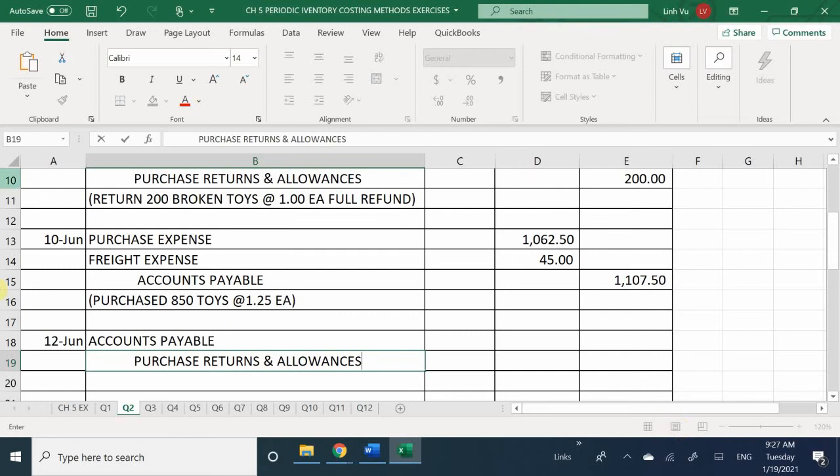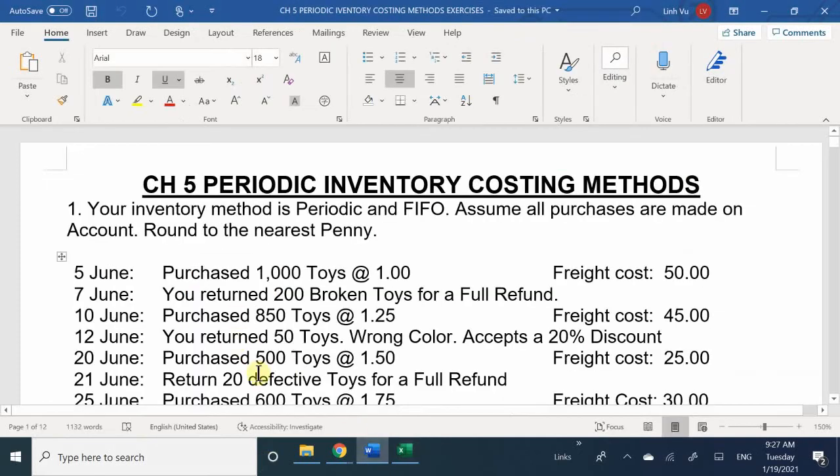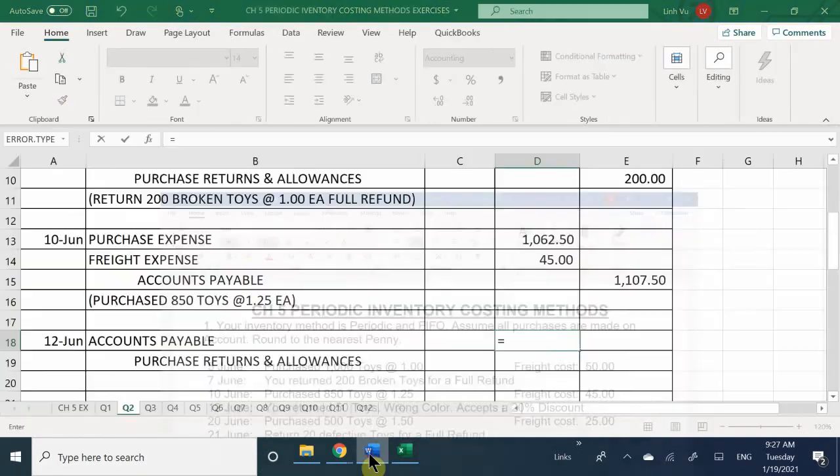Okay, so let's go ahead and break this down one step at a time. How much would you have received if you did a full refund? Let's just start there. How much would it be if you actually just completely refunded the whole thing? The whole 850? No, just the 50 toys that you requested to return. 62.50.